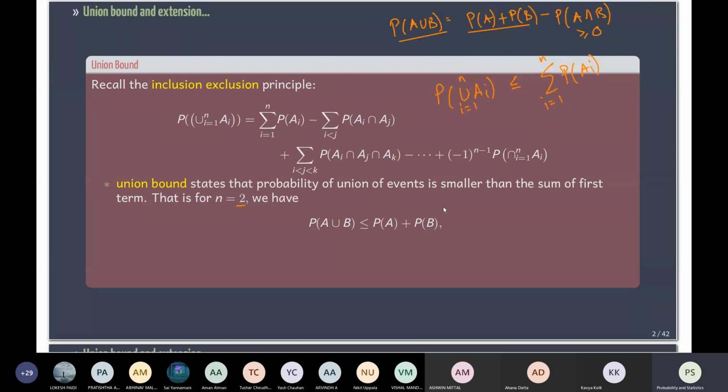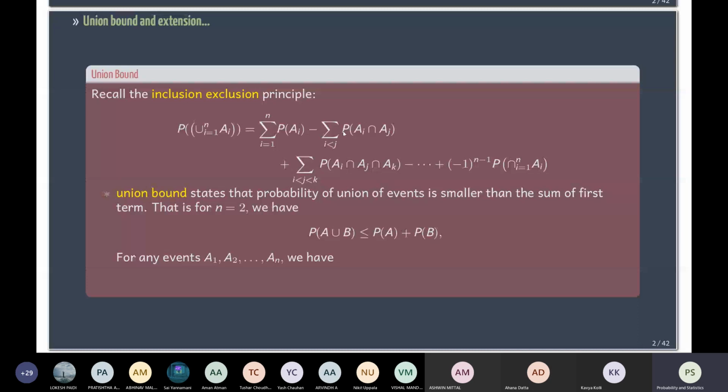The proof for the general case holds in the same way. These are sums of positive quantities that you are subtracting, so if you drop them, the sum must be larger than the left-hand side. So this union bound proof is rather straightforward.